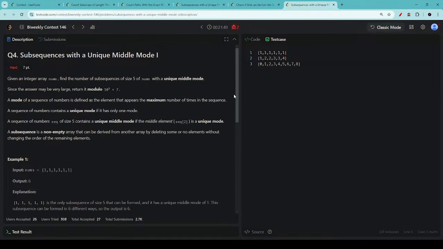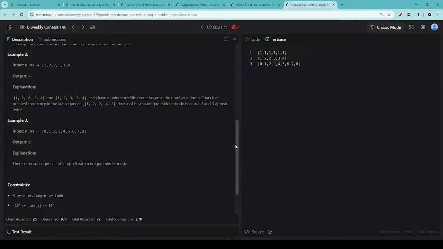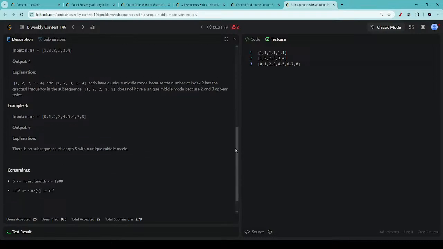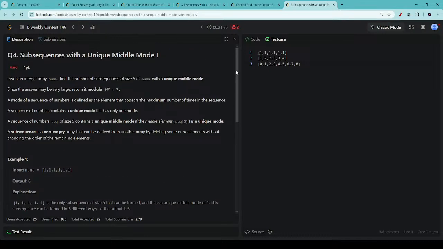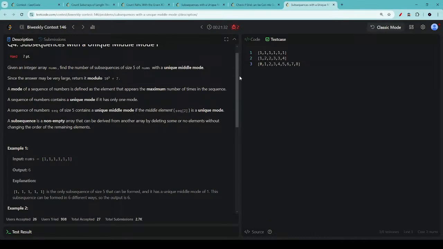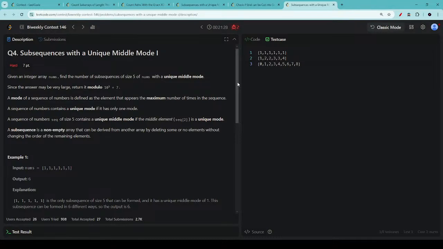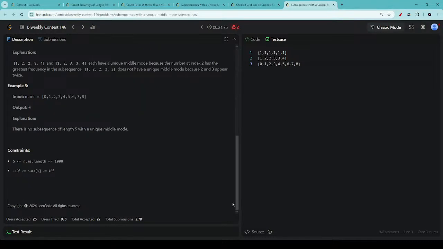Okay, unique middle mode. So length is 1000. What happens if I check all 1000 combinations?